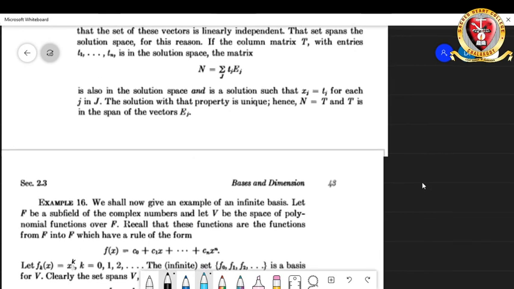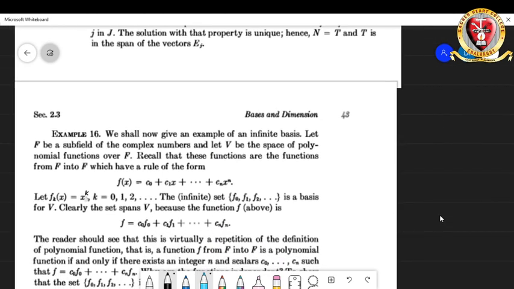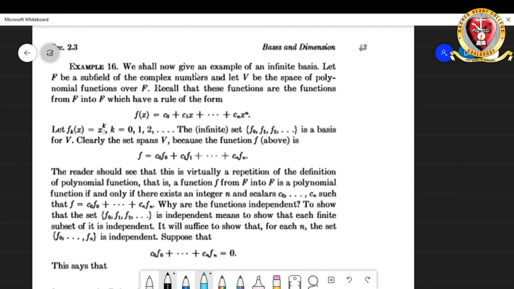We are moving into example 16, which says: let F be a subfield of the complex numbers, and let V be the space of polynomial functions over F. These functions are written simply as f of x equal to c0 plus c1x plus etc plus cn x raised to n.